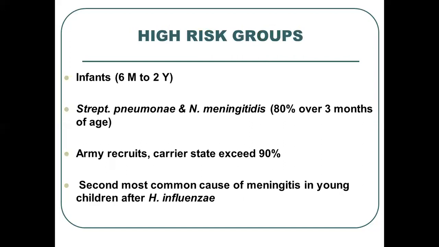Now, certain people are at high risk. As we have seen, infants, particularly from the age of 6 months to 2 years, are more prone to this kind of infection. Streptococcus pneumoniae and Neisseria meningitidis are the cause of meningitis in about 80% of children or infants from 3 months of age to 2 years.